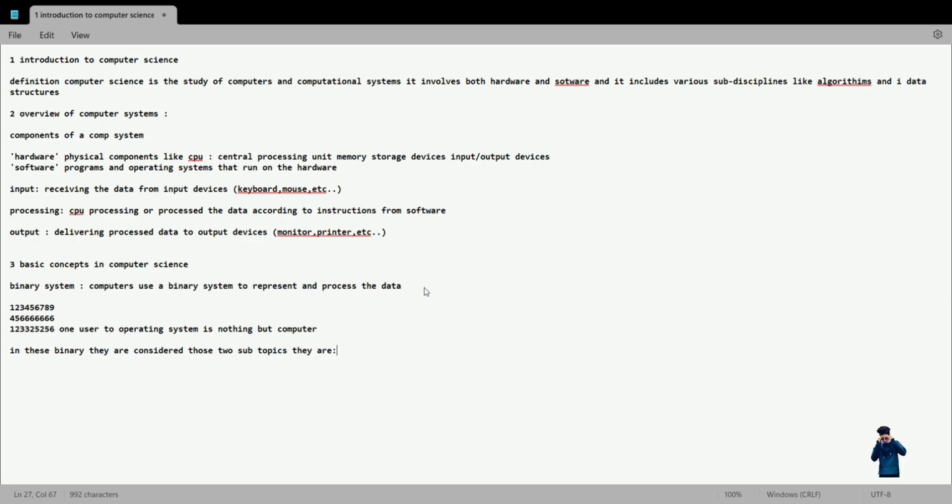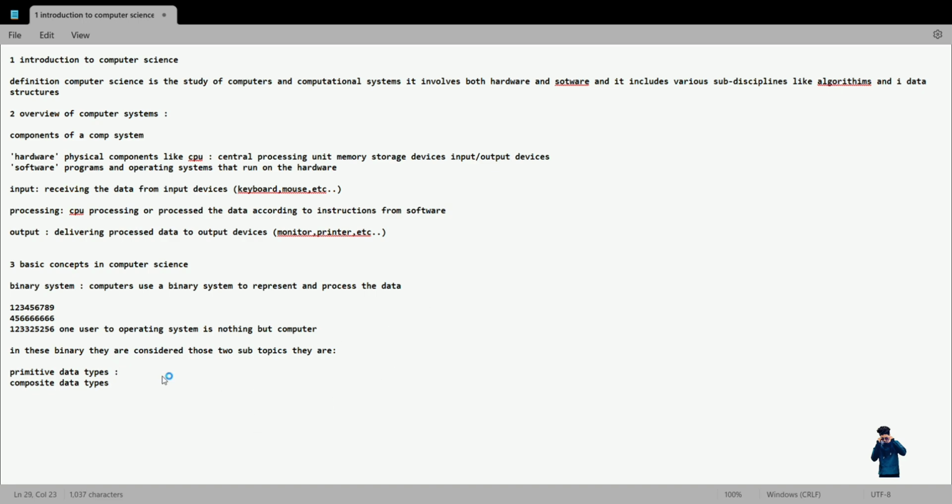First one, primitive data types, and composite data types. So what do you mean by primitive data types?